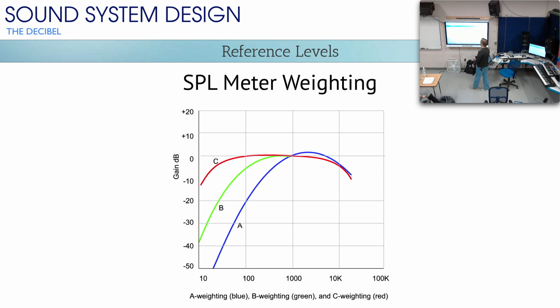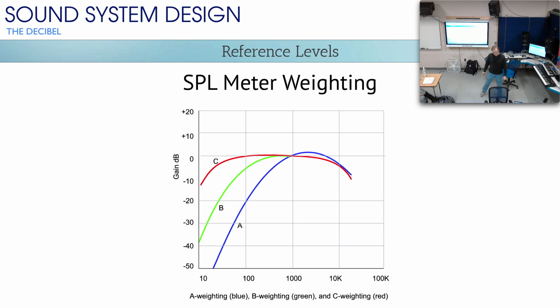The C weighting is approximately the frequency response of our hearing for loud things, things where you would probably want to put earplugs in, or things that would feel uncomfortably loud to you.